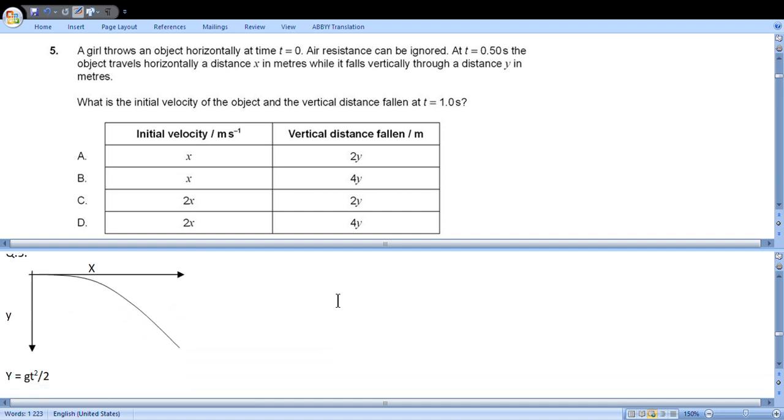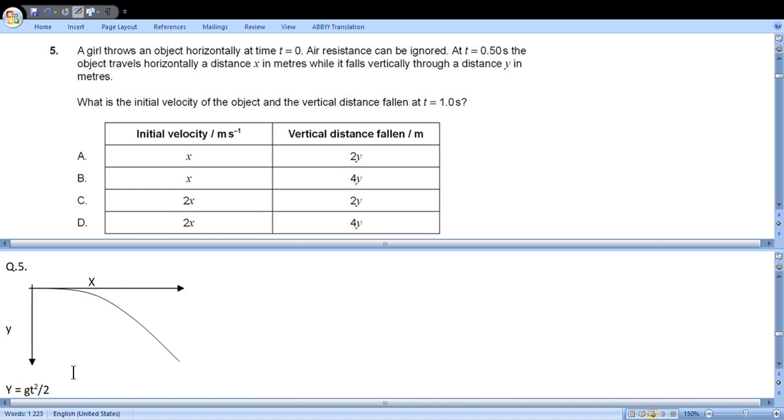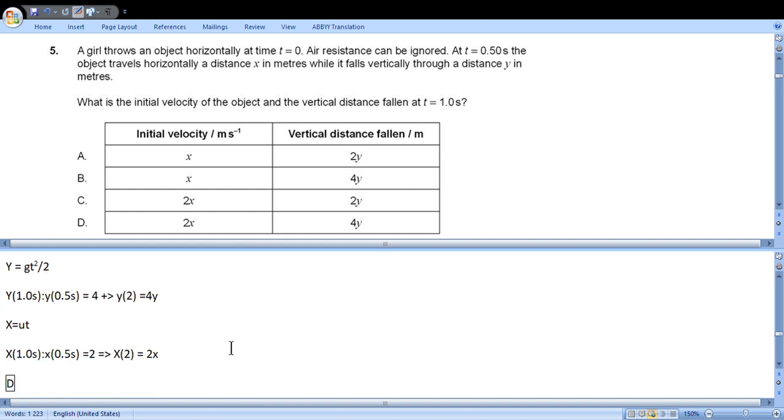So this is how it moves along a parabola, x at constant velocity and y with constant acceleration. So y depends on time as a square. So y at 1 second divided by y at 0.5 seconds will be equal to 4, because time is 2 times, so square makes 4.